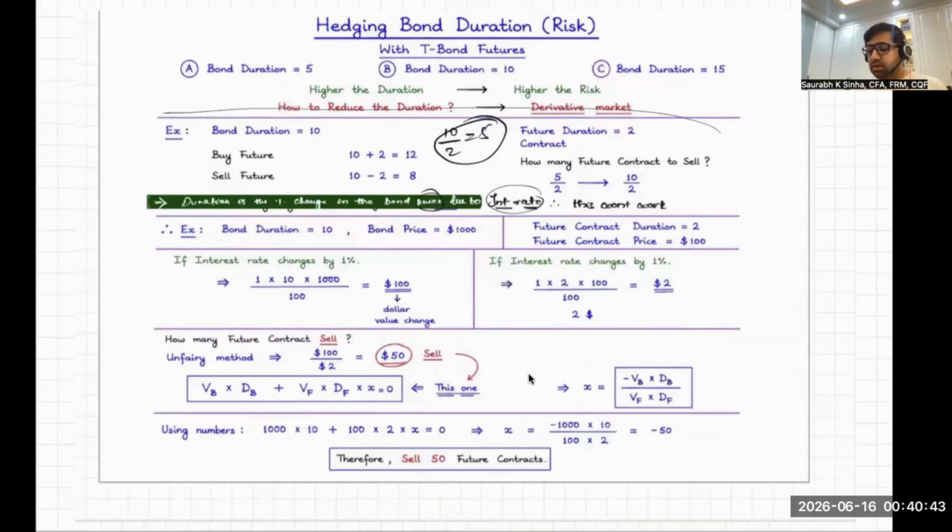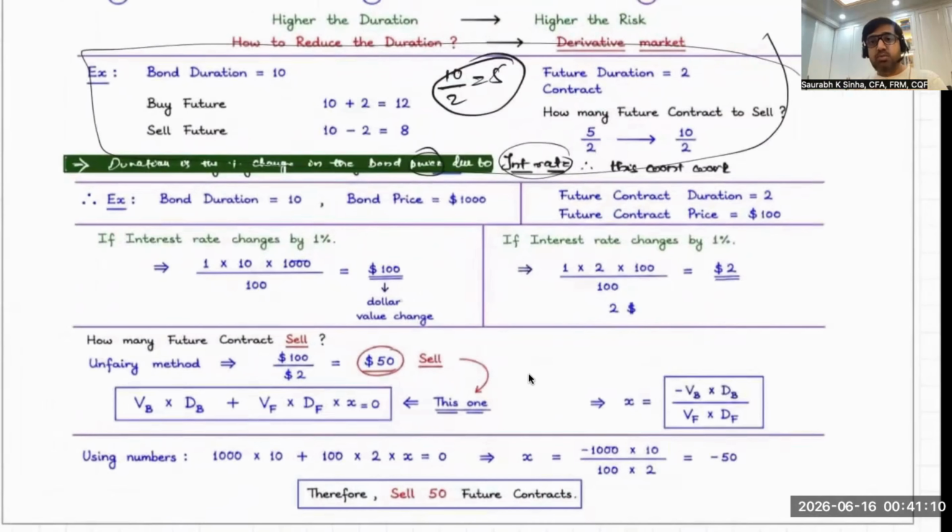So this simple unitary method will not work, because you haven't talked about what the bond price is and what the futures contract price is, because duration tells the sensitivity of the bond price. If I say future duration is 2, I'm talking about if there is a 1% change in interest rate, the future price will change by 2% in the opposite direction. So we have to incorporate price.